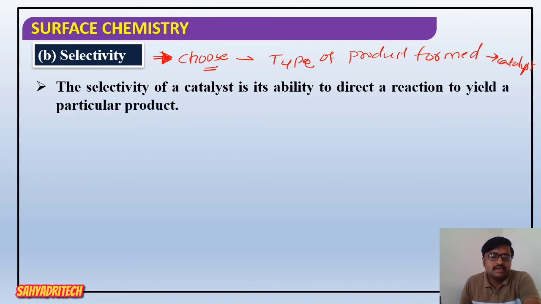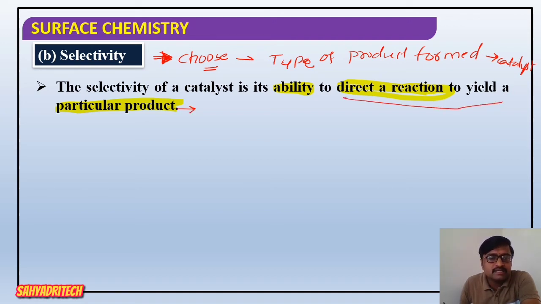So here the selectivity of a catalyst is nothing but the ability of a catalyst to direct a reaction to give a particular product. Please remember, activity means ability to enhance the rate of a reaction. Selectivity means ability to direct a reaction to yield a particular product.